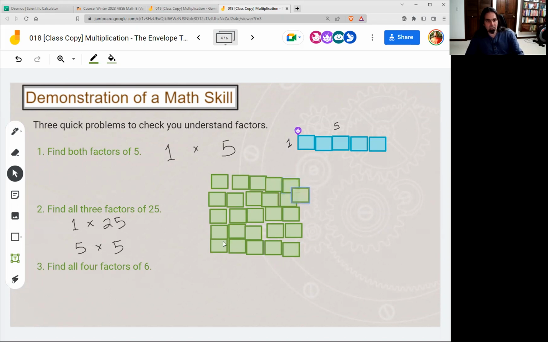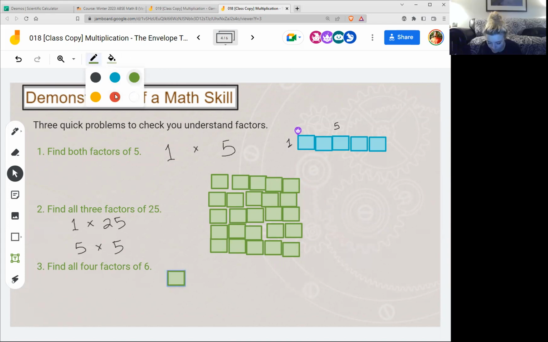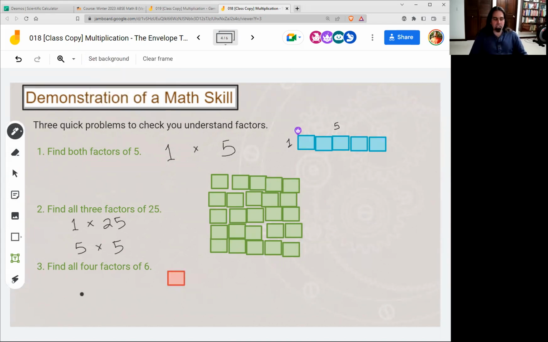Okay, last 6. 6 has 4 factors. What are some of the factors of 6? Copy the blocks if you want to make different rectangles.